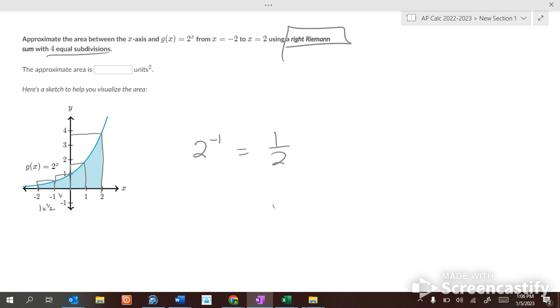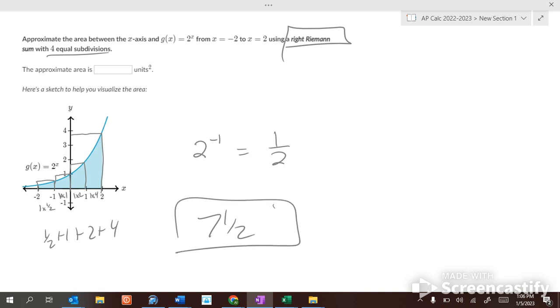So this is 1 times 1. What's 2 to the first power? 1 times 2. What's 2 to the second power? 1 times 4. So we have 1/2 plus 1 plus 2 plus 4, which is 7.5, the approximate area of that, using a right Riemann sum.